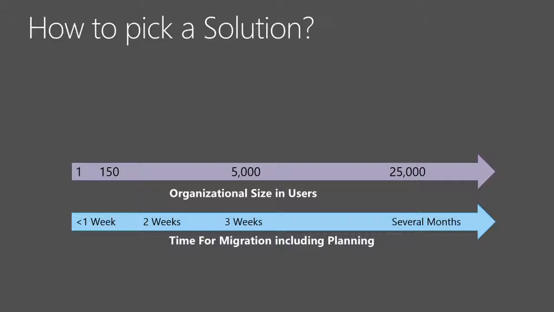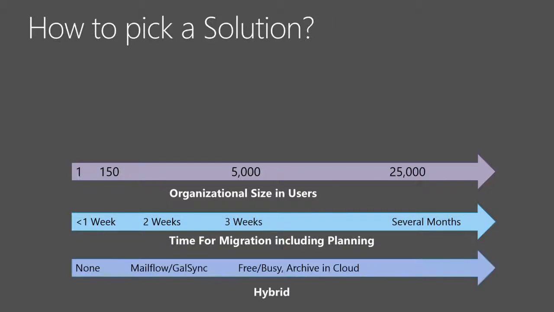For small orgs like 100 people, you can migrate them over a weekend or a couple of days. For large orgs, it can take anywhere between several weeks to several months, as many of you very well know. And as the time to migrate increases, the need for coexistence increases.